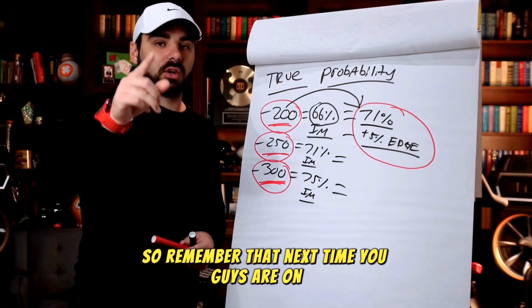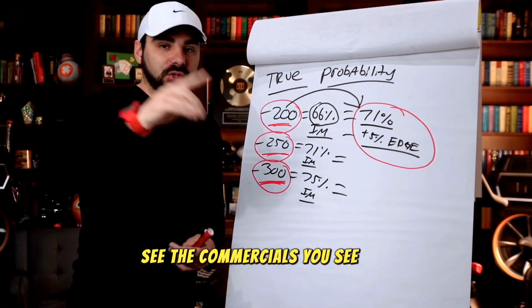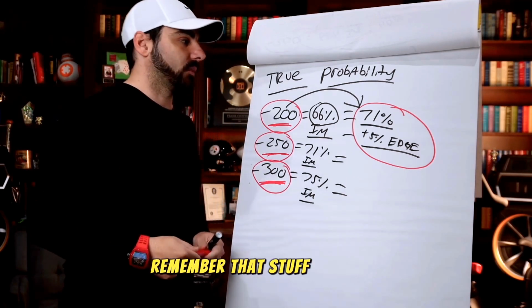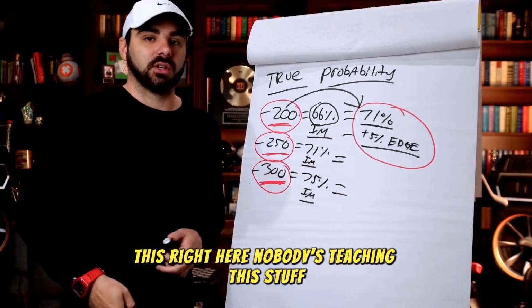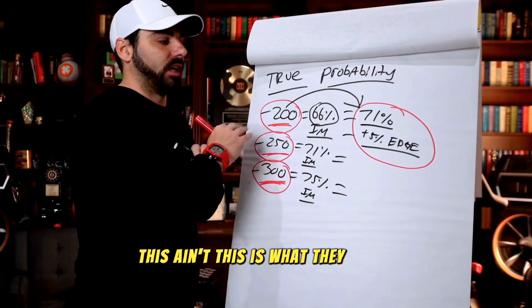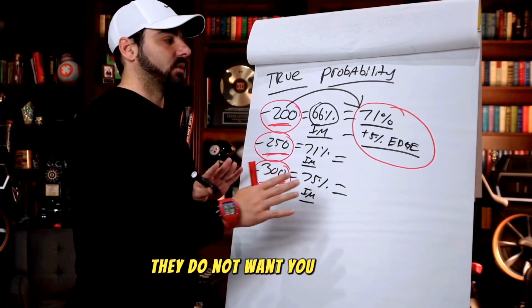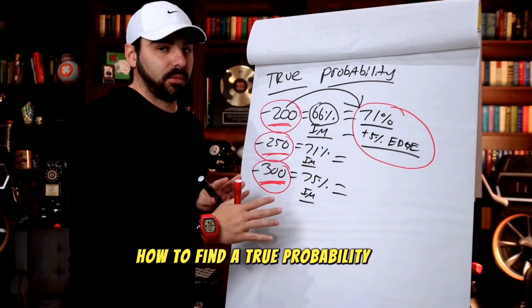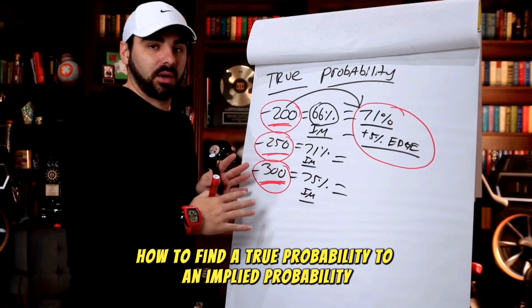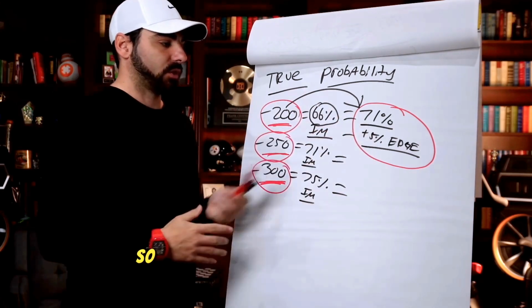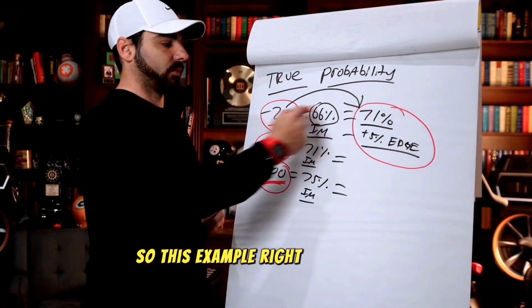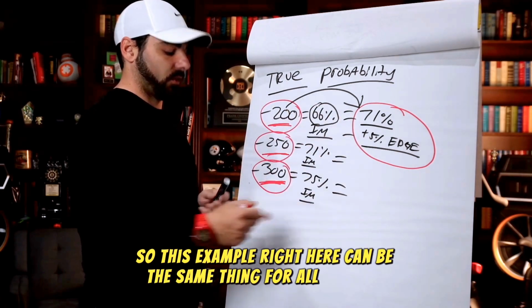Next time you see the commercials on TV, the stuff on the internet, remember that. All right? Nobody's teaching this stuff. This is what they don't want you to know. They do not want you to know how to compare a true probability to an implied probability and find that edge. So this example right here can be the same thing for all of these.